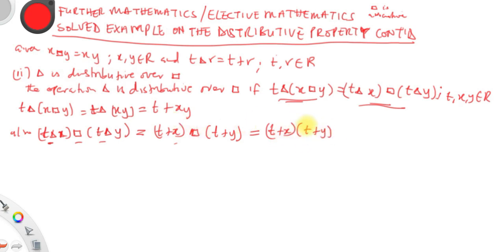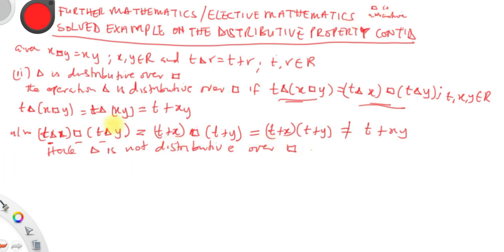This is not equal to t plus xy. So you conclude by saying that hence the operation triangle is not distributive over the operation of square.